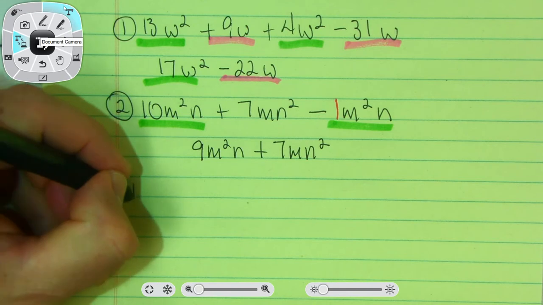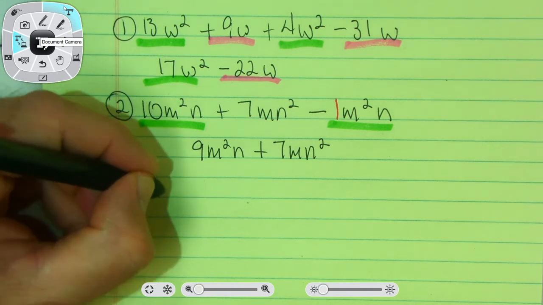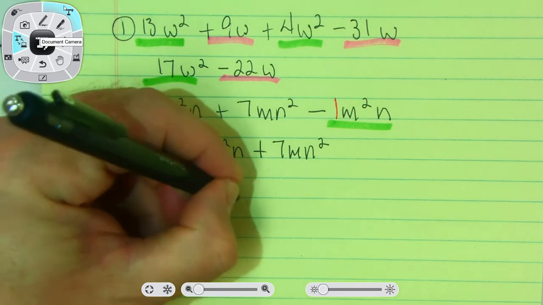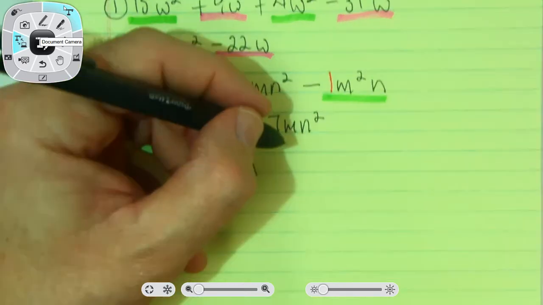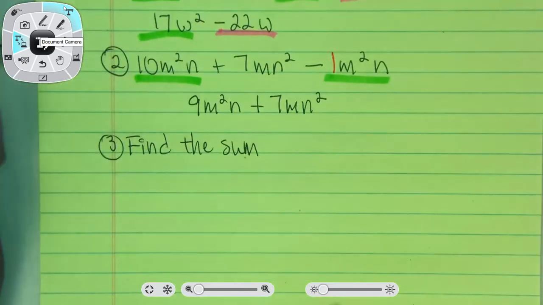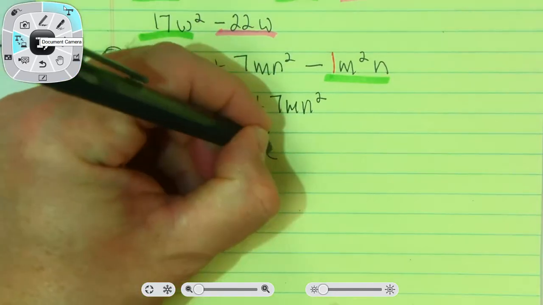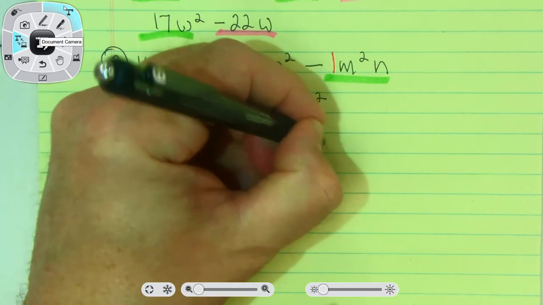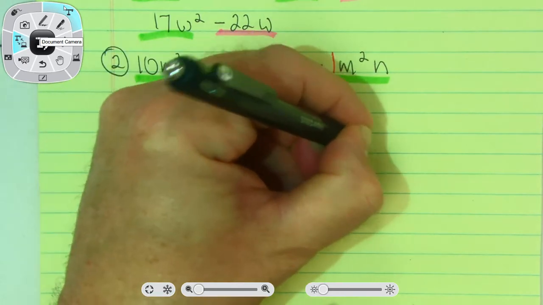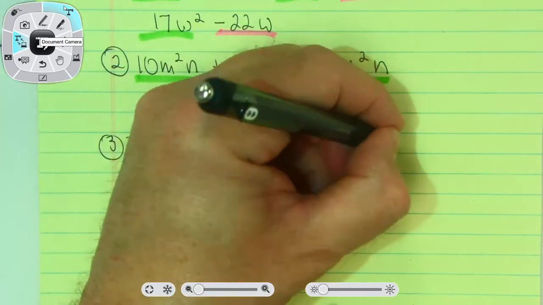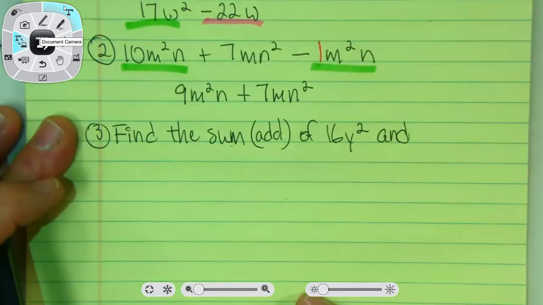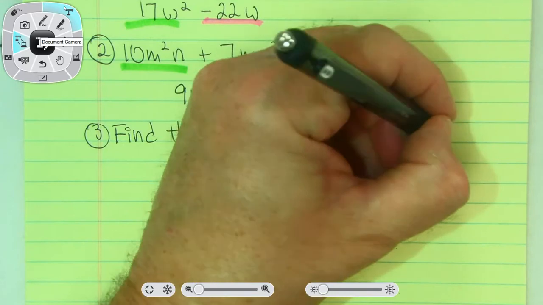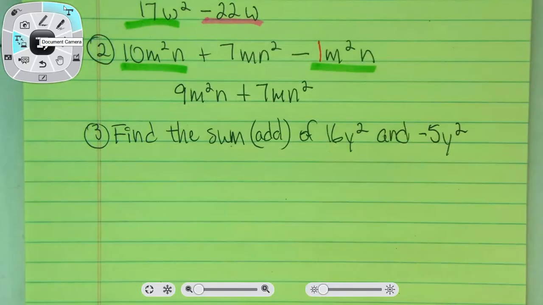For number 3, I want to find the sum. What does sum mean? Yeah, that's going to be add. The sum of 16y squared and negative 5y squared.